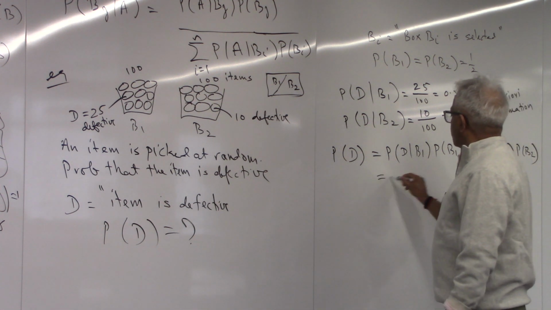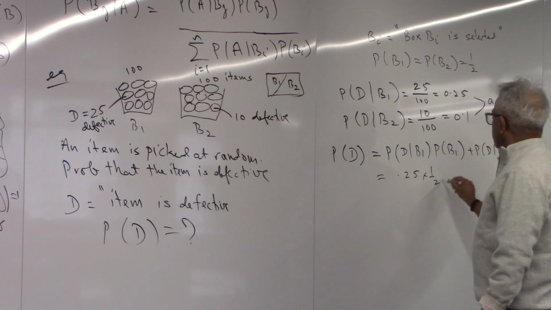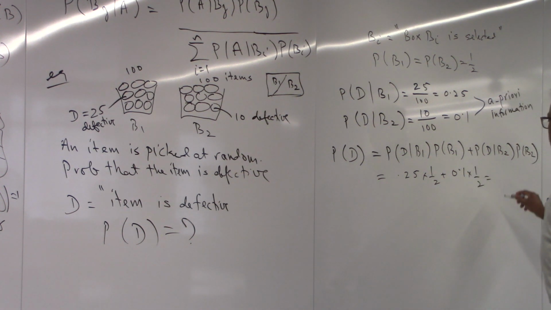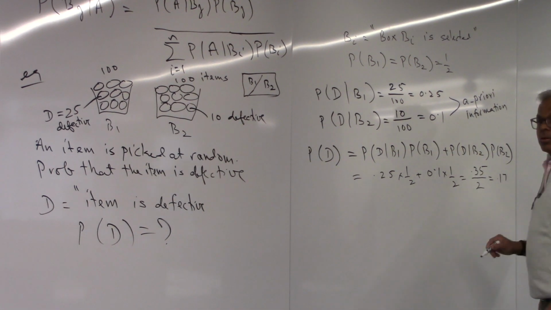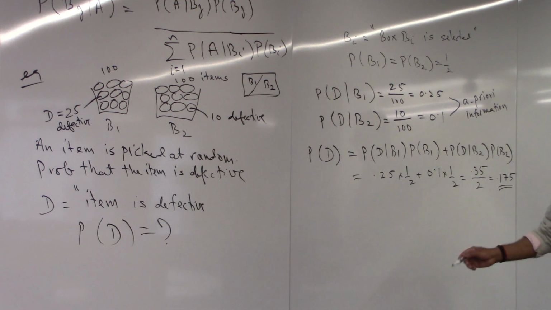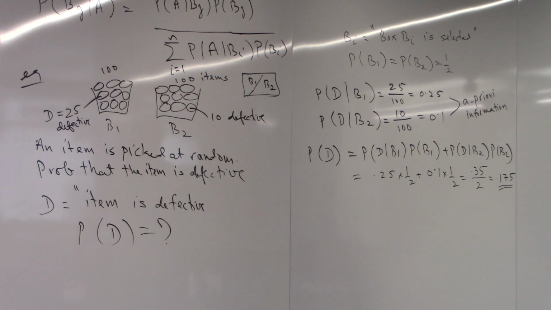So now, of course, if I put in the numbers, 0.25 multiplied by half plus 0.1 multiplied by half, that is 0.35 divided by 2. That's going to be 0.175. So that's the probability that an item picked at random is going to be defective.